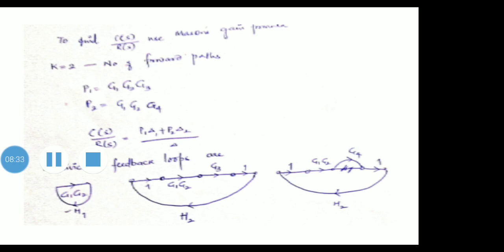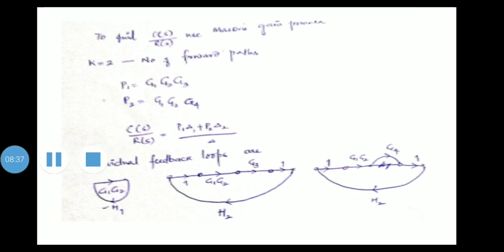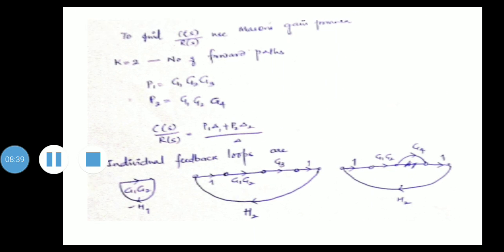Therefore, C of S by R of S is equal to P1 delta 1 plus P2 delta 2 by delta. So individual feedback loops are G1 G2 H1. So this is one more loop. Three loops are there. We'll write those loop gains.